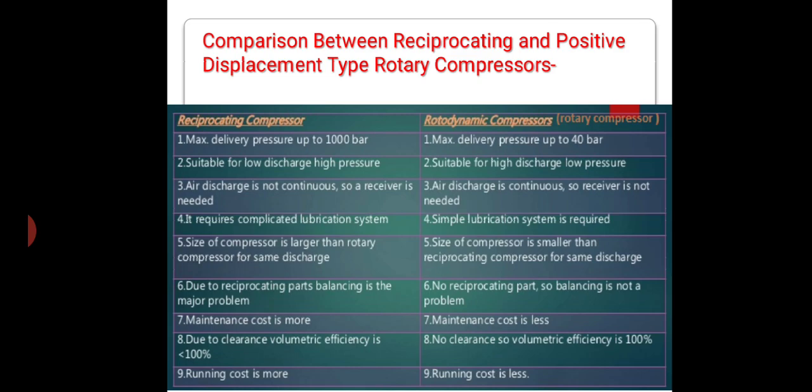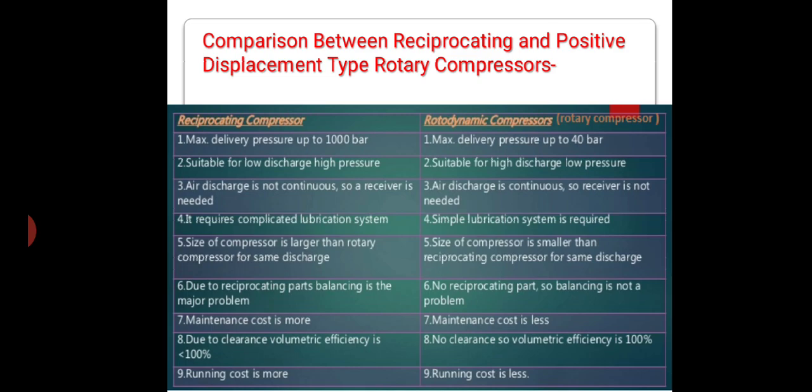Due to reciprocating parts, balancing is required, and it is a major problem in the reciprocating compressor. There are no reciprocating parts in the rotary compressor, so balancing is not a big issue, which is advantageous. Maintenance cost is more in the reciprocating compressor and less in the rotary compressor.